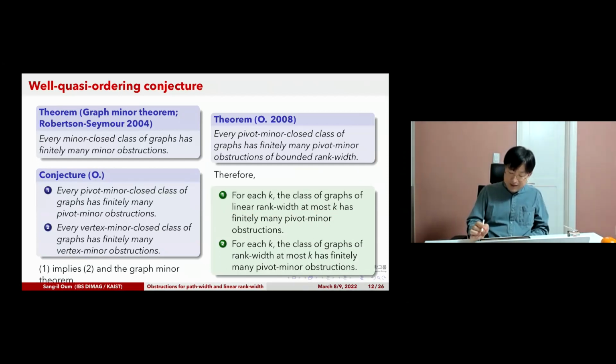And by the same logic, the class of graphs of rank width at most k has finitely many pivot-minor obstructions because each of the obstructions has rank width k plus 1. So therefore, there are only finitely many pivot-minor obstructions for these two classes. I will later show you a more explicit bound for this.